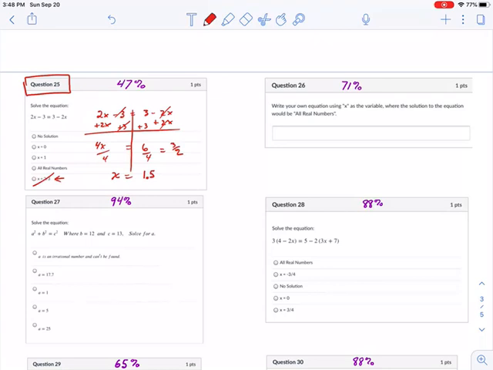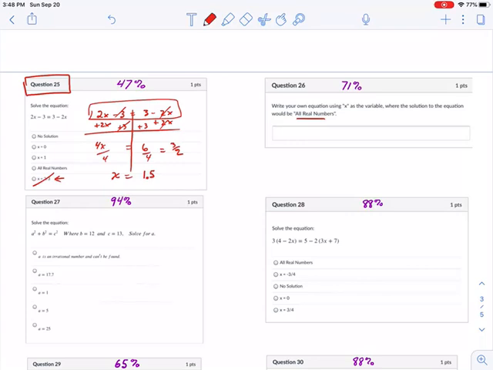26. Write your own equation using x as a variable where the solution would be all real numbers. Okay, now to be all real numbers. Some of you, I know you wrote this equation because you thought that answer was all real numbers, but that answer is not all real numbers. I won't be able to give you credit for number 25 if you wrote all real numbers on that one.